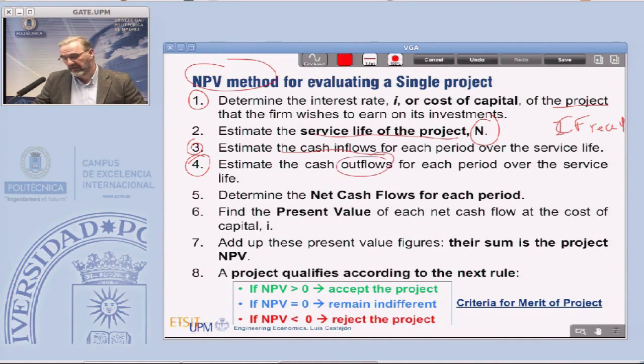The outflows will usually be the capex of the project, the capital expenditure. So you can have very sophisticated models of network deployment with different kinds of deployment curves like logistic, S curves, exponential.